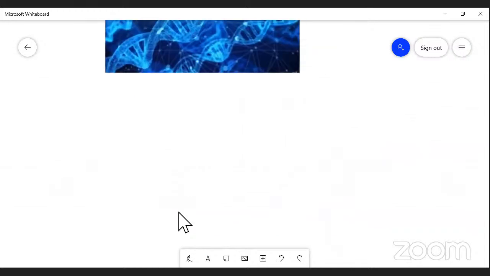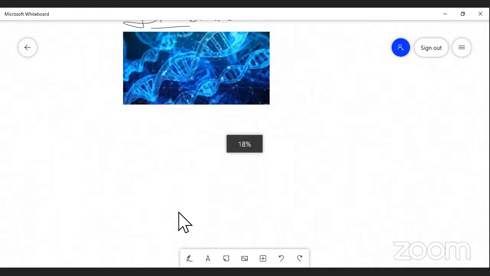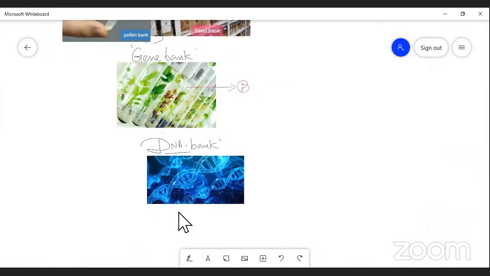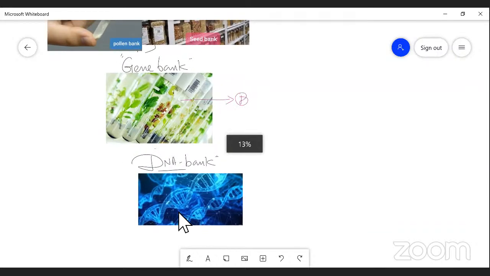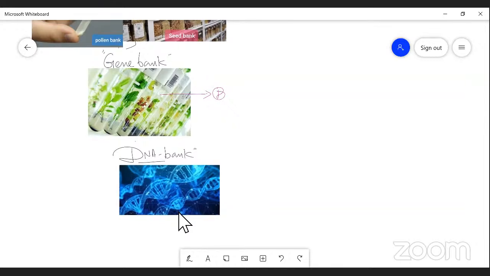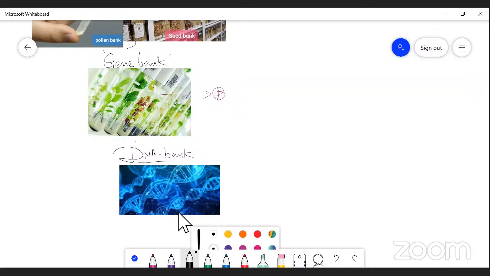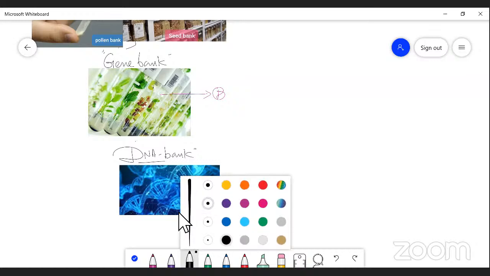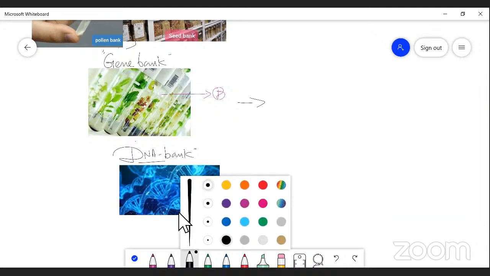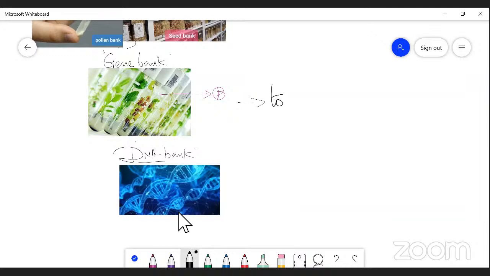So what is the use of this gene bank and the DNA bank? Actually, the gene bank and the DNA bank are essential in order to maintain biological diversity. Students, please understand.